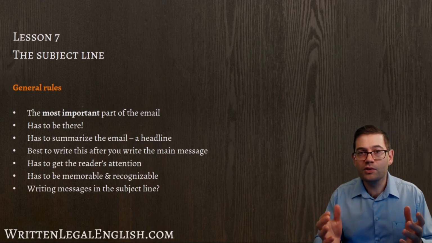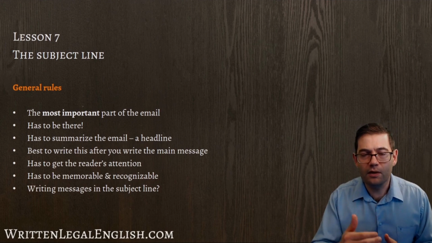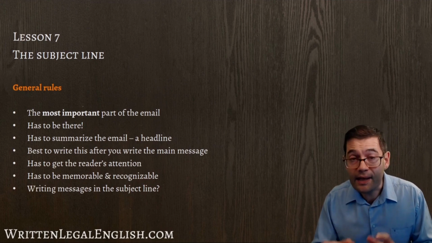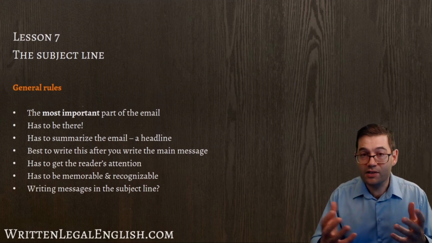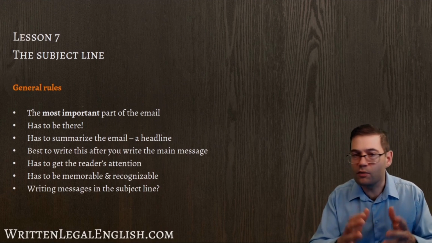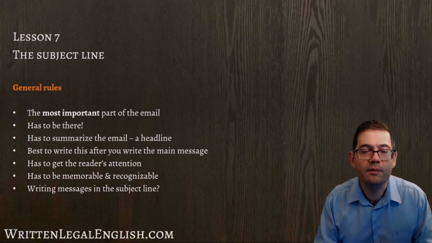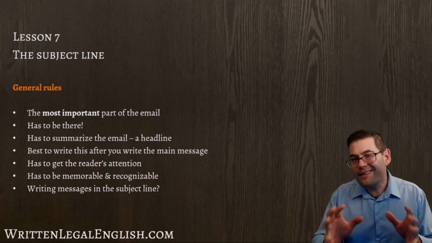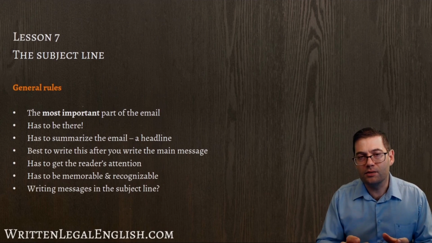And of course, the more information you include in a subject line, the easier it is to search for that email when you have to search for an email on Outlook or Thunderbird or whatever email program you use. So there are many things that the subject line has got to do.